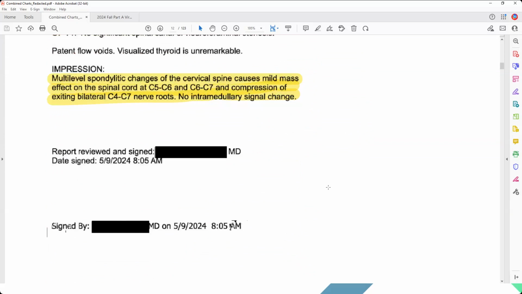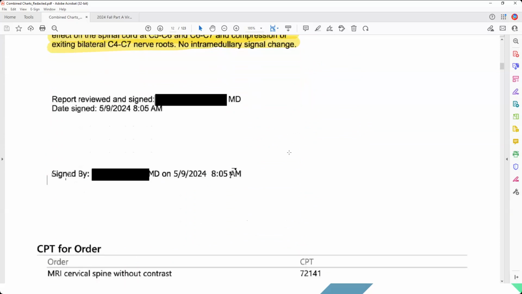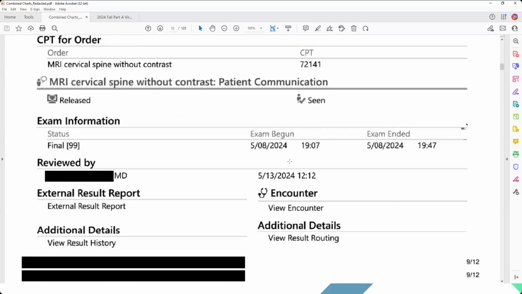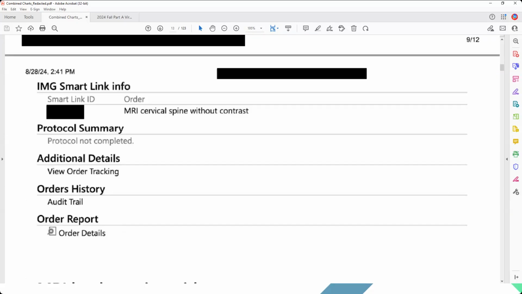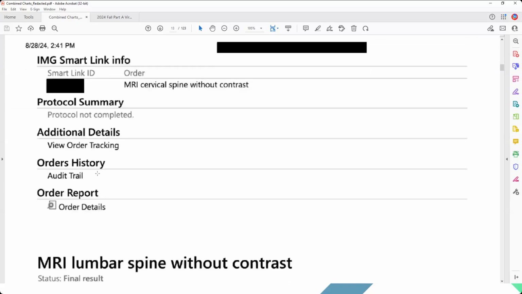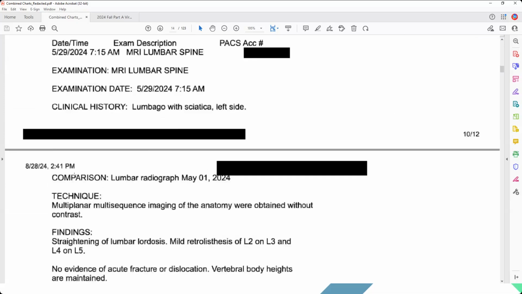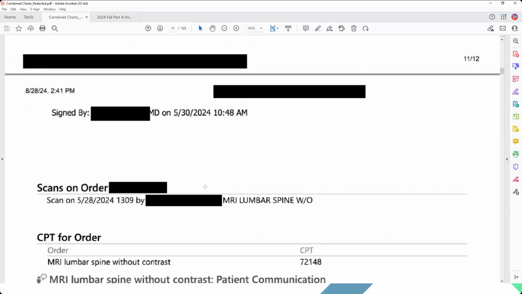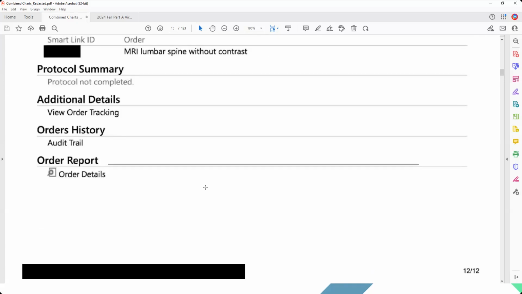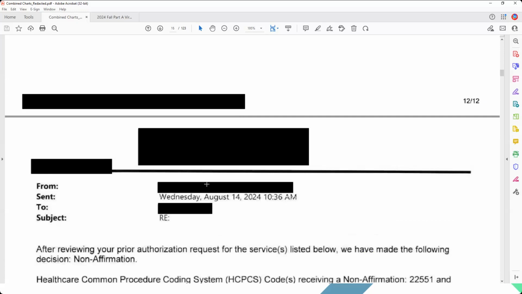We got multiple spondylitic changes of the C-spine caused by a mass, and that mass is affecting C5, 6, 6, 7, compression that extends bilaterally, some from C4 to 7, no intramedullary signal changes. So as I keep scrolling down, I'm going to go down several pages here, trying to keep time in mind too.